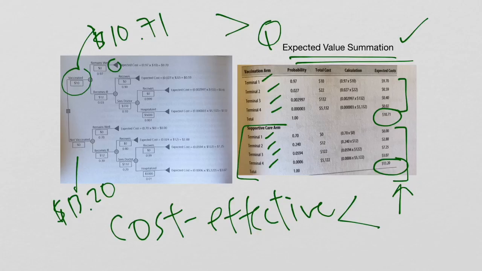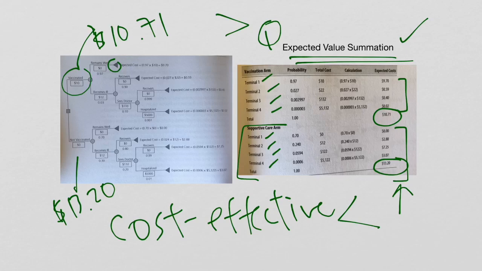If we were to go back to this model and do the expected summation, we determine that the total expected value of the vaccinated arm is $10.71 and the non-vaccinated, which is the supportive arm, is $13.20. We want to find which strategy is most cost effective.